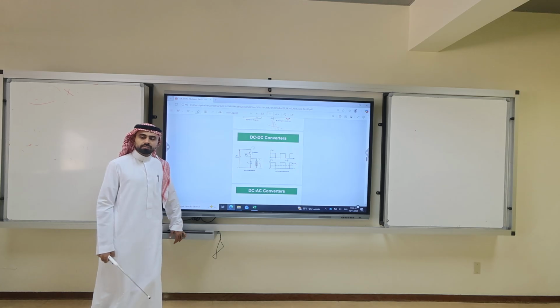Or a TV, or EV charging in an EV car. There is some smaller voltage for the lights, because the EV car has a very high voltage, 800 volt.